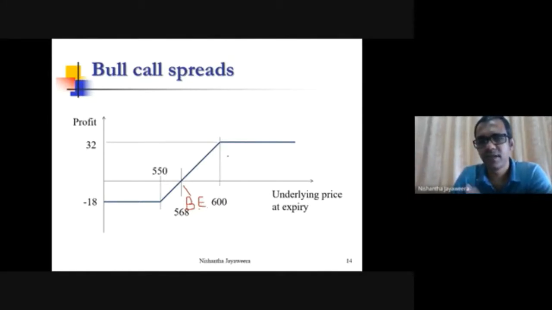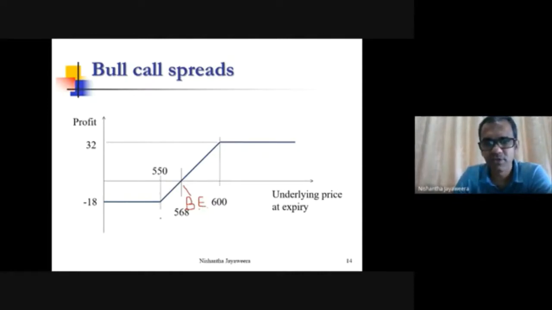Then, as a buyer of the 550 call and the seller of the 600 call, you will get the difference between 600 and 550, which is 50, but you have a net outlay of 18. So therefore, profit is 32. Maximum profit is 32. So whatever the price moves here, your maximum profit would be 32.